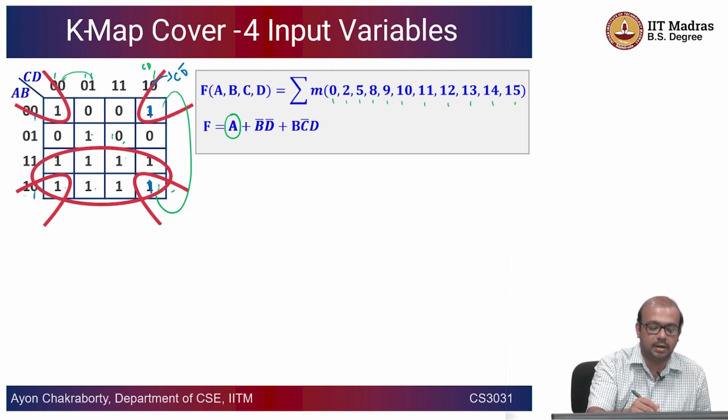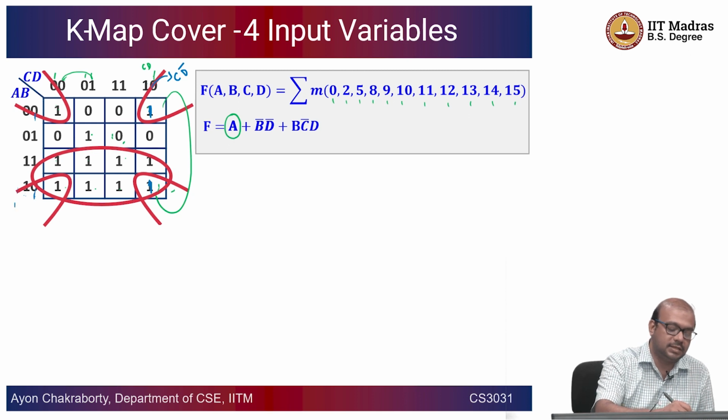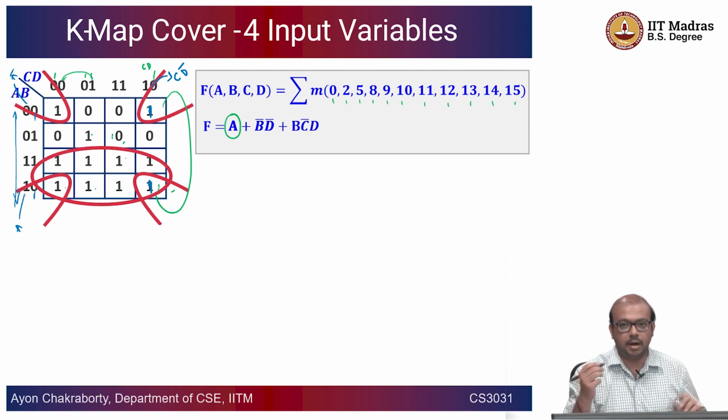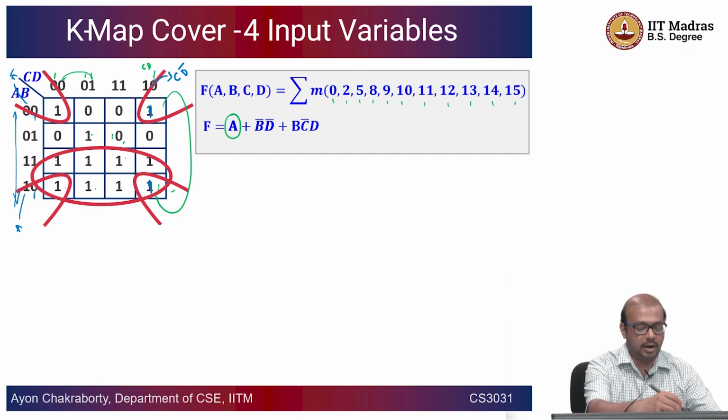So B bar, C, D bar, but our group is a little bit more than that. From this direction we were able to eliminate A, because this is A and this is A bar, but B bar remained. Now let us look at the horizontal row. We had C and D bar, as well as in the first one we had C bar D bar.